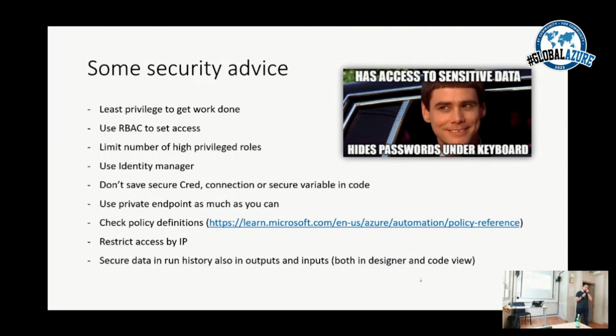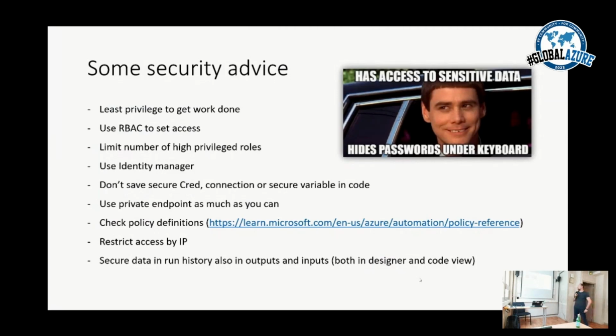Use managed identity. Hopefully, the Run As account is deprecated and you cannot use that for Azure Automation, and you only have managed identity for your systems. So please use that if you want to use system admin access for your automation.